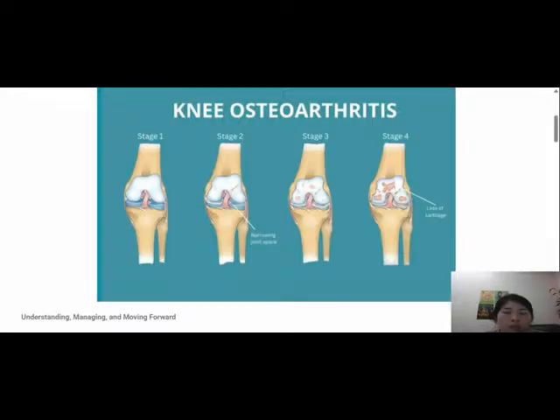And because stage 4 is already the worst stage, the doctor or the specialist might suggest you do a total knee replacement surgery. That is also one of the treatment methods when it has reached severe conditions.